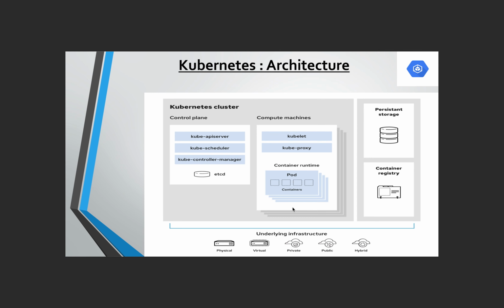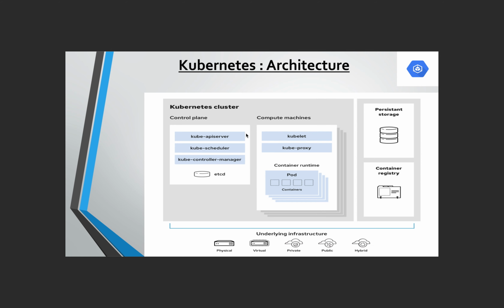Now, coming to the container runtime engine. This is needed to run the containers. Like in case of Docker, we have Docker engine. So here we can use either the Docker engine, or you can also use Rocket or rkt. Coming to the next part, let's go through the kubelet first. Kubelet is like a communicator between the control plane part, which is managed by Kubernetes, and the compute machines.